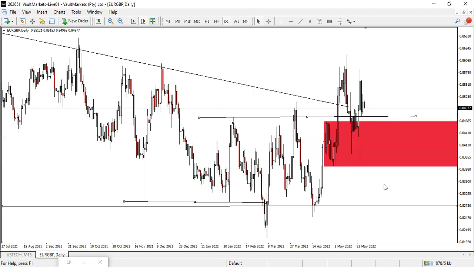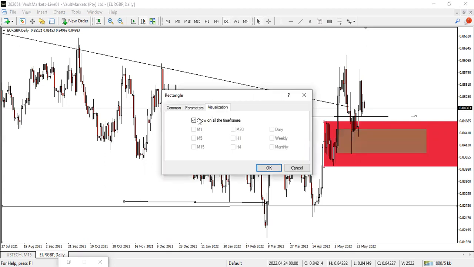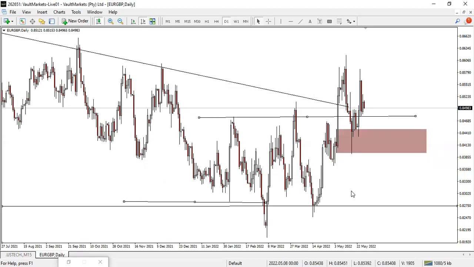Because we determined that on weekly time frame, and then on a daily time frame, this is where the order block is. Different color as well. So now this is a bullish order block on weekly time frame. So now we'll remove it. It will be visible only on weekly time frame. So now this is a bullish order block.